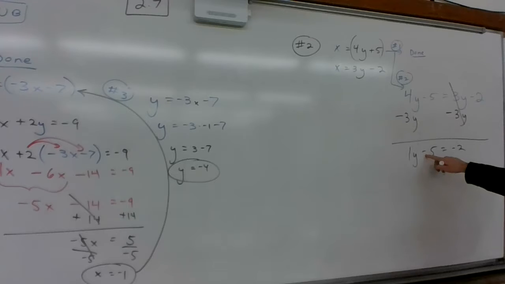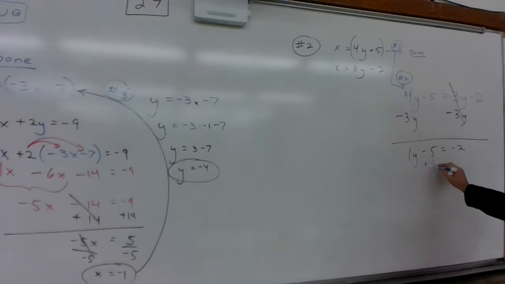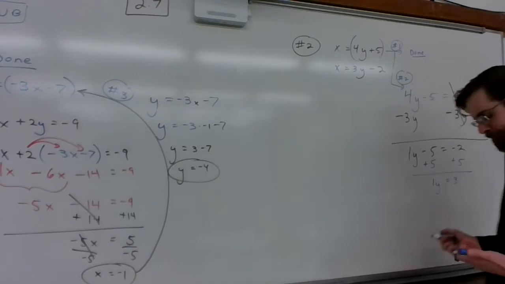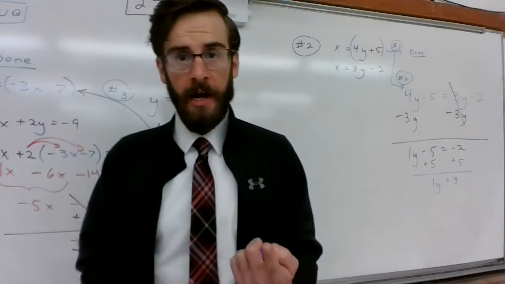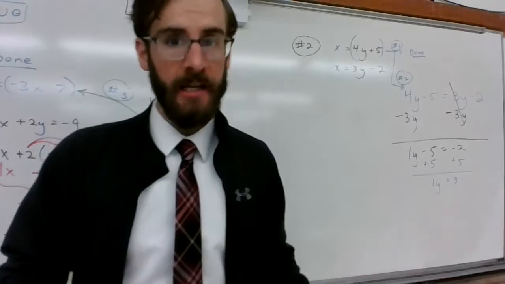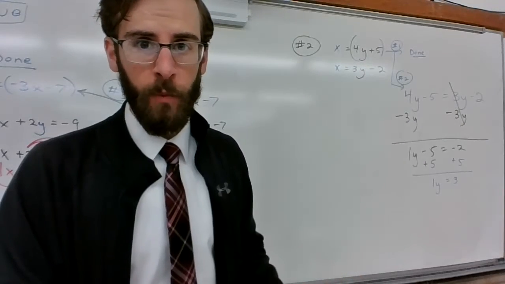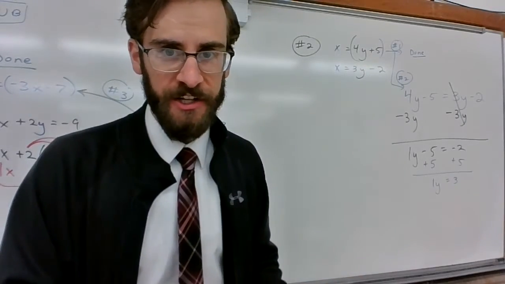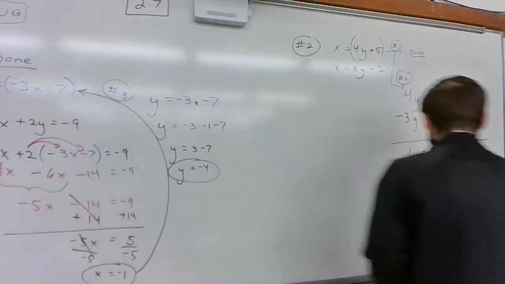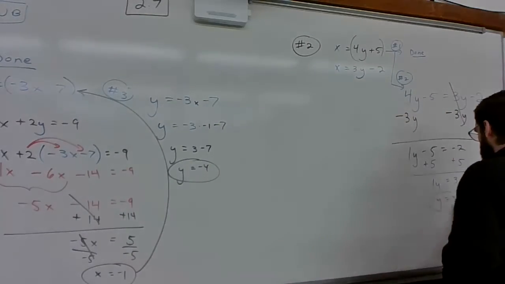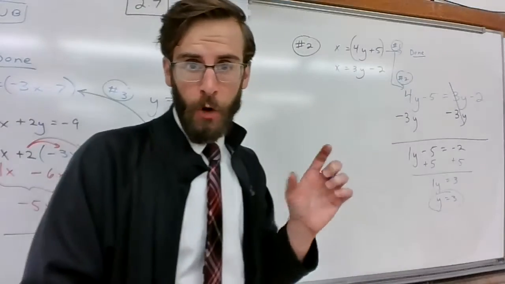If it's minus 5, you're going to move it to the other side using addition. So 1y is equal to 3. And if 1y equals 3, then y equals 3. I mean, you can divide both sides by 1 if you want to, but dividing by 1 doesn't change the number. All right, I've got the right coordinate.